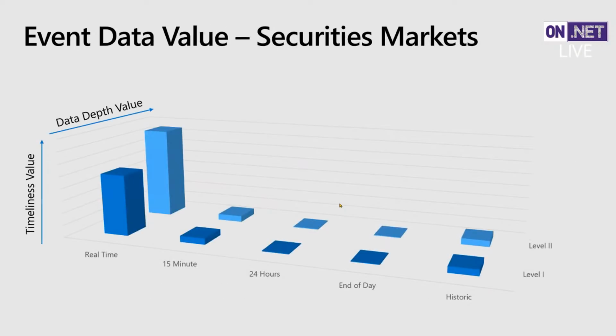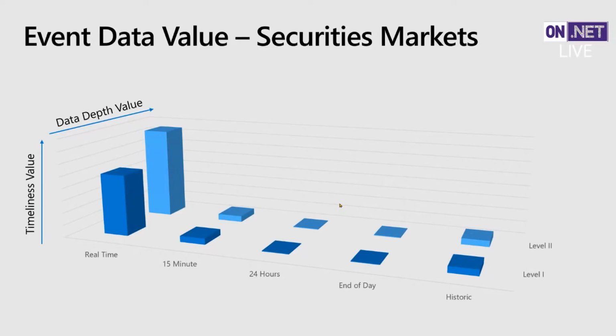Let's talk about events for a second, and why those event brokers even exist. Here I'm just taking the example of a securities market and the market data. When you have market data in real time, within the first minute of its existence, that's when the data is most valuable, and that's why the markets make millions selling that data.